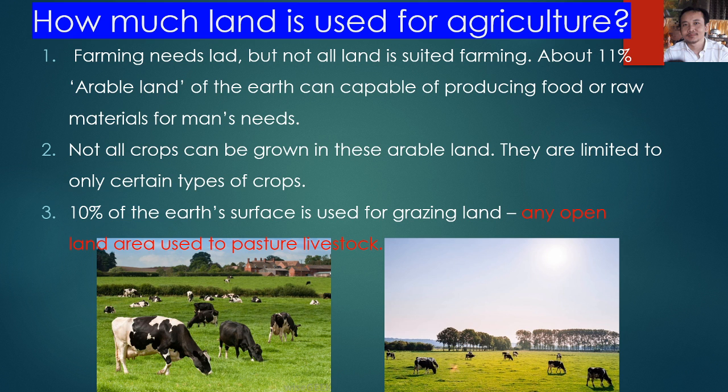These arable lands are found mainly in coastal plains, river basins, lower slopes of hills, and terraced uplands.